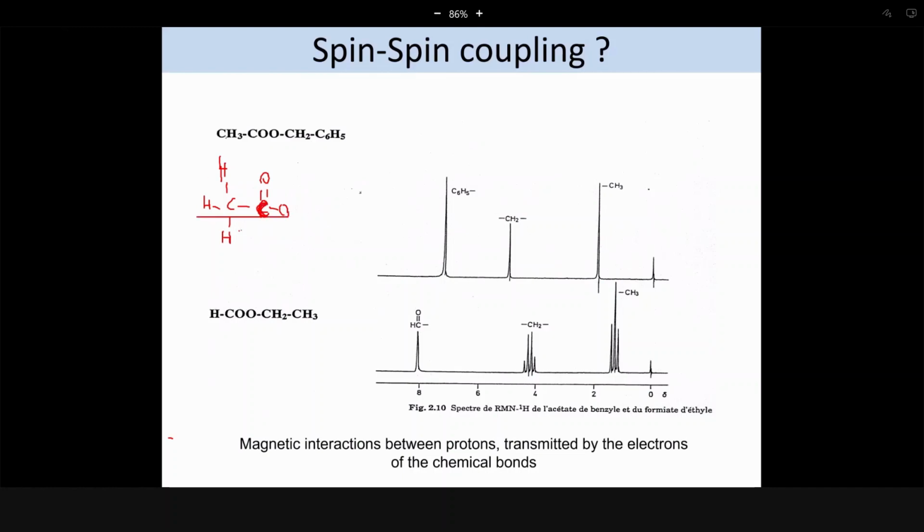It's just like we have a wall separating the methyl from the CH2. This is a big hole.